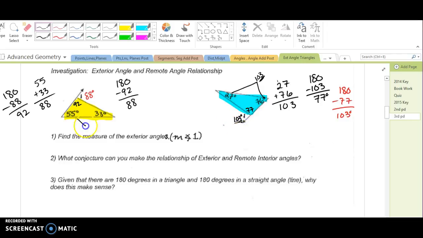Same thing over here, 55 plus 33 was 88. Look, our answer was 88. So the shortcut is here, friends: the sum of the remote interior angles equals the exterior angle measure.